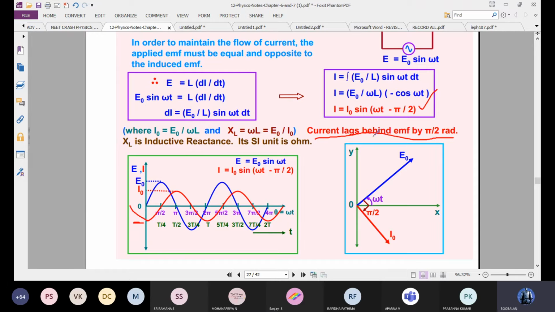Current lags behind the EMF by pi by 2. Underline this alone, please note it now. E formula: E naught sin omega t. I formula: I naught sin(omega t minus pi by 2).